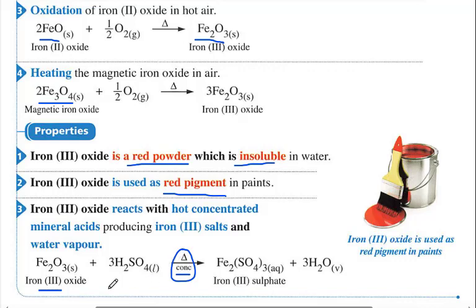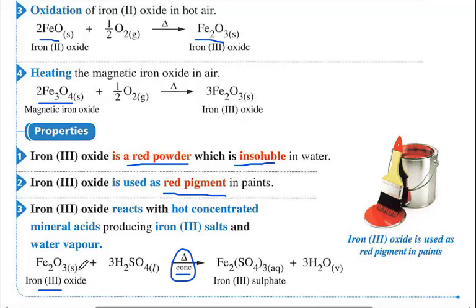Something to help us balance this equation is that the 3 oxygen atoms here give the number of concentrated sulfuric acid molecules and the number of water molecules. So here ferric oxide produces ferric sulfate.